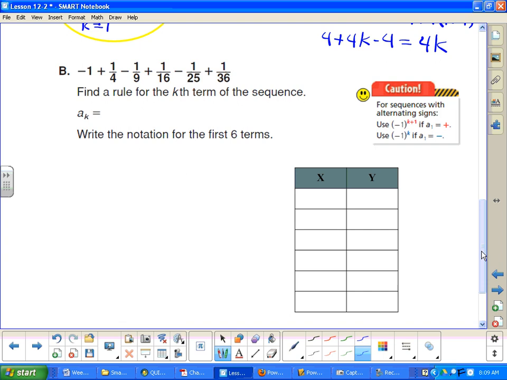Now, in determining the explicit rule, we're going to ignore the plus or minuses. So to find the explicit rule, if it alternates signs, ignore the signs. So we've got terms 1, 2, 3, 4, 5, 6. So we got 6 terms.